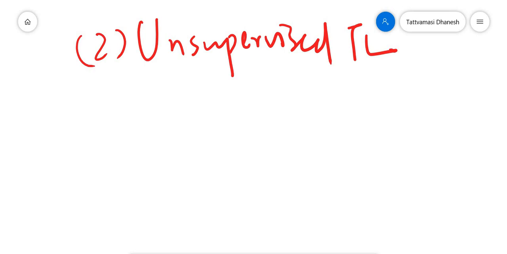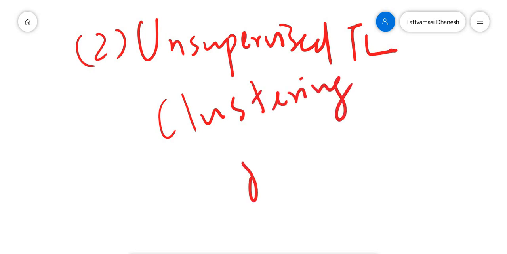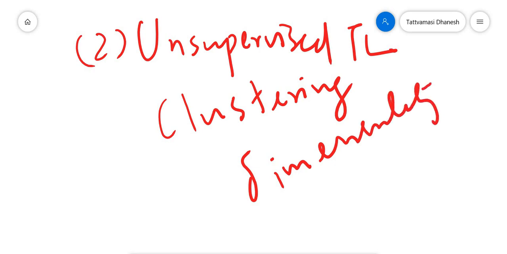Here the tasks we use are clustering and dimensionality reduction. You may be familiar with this.